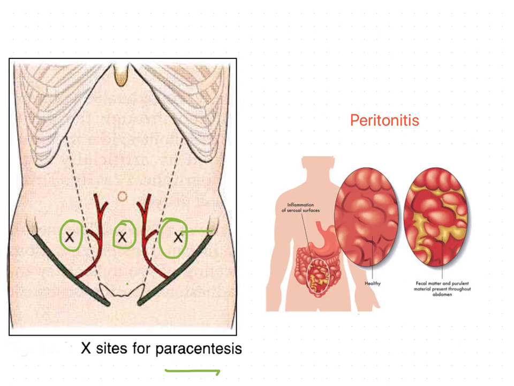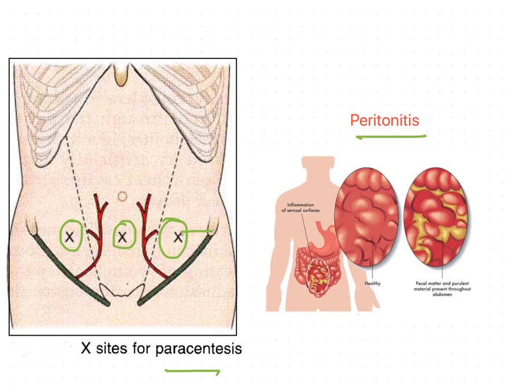Next, another condition is called peritonitis. Inflammation of the peritoneum is called peritonitis. It may be localized, that means in any one part of the peritoneum or when a particular organ is infected, or it may be generalized. If it is not treated properly, it becomes a very serious problem.